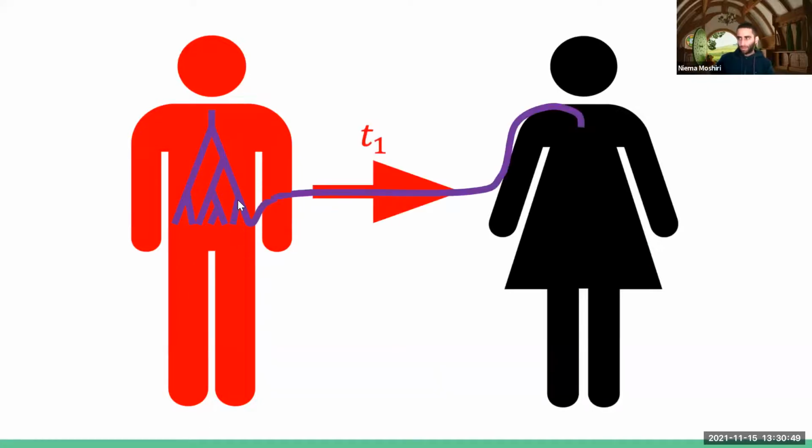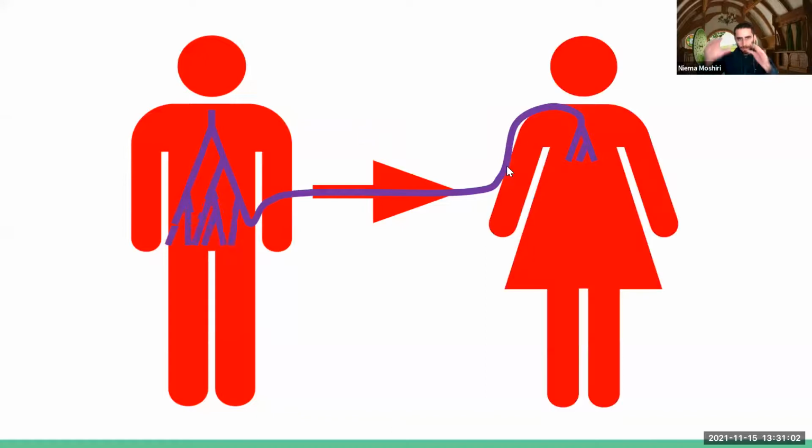Then at the time of transmission, one of those lineages, one of the leaves of this evolutionary tree, is randomly picked and goes from the host into the recipient. As time progresses after that, both the evolutionary history in the host and in the new recipient continues to evolve.